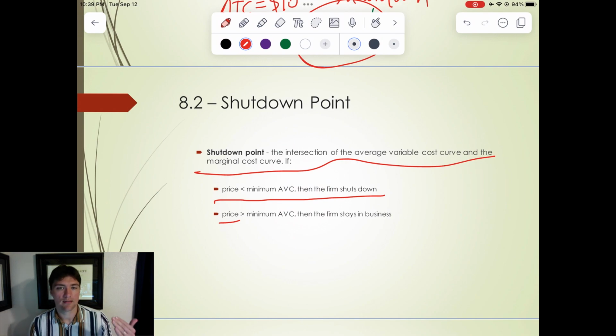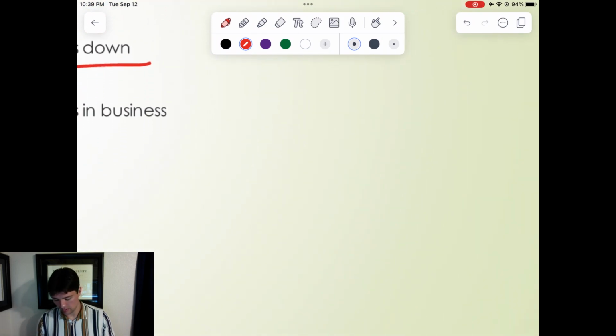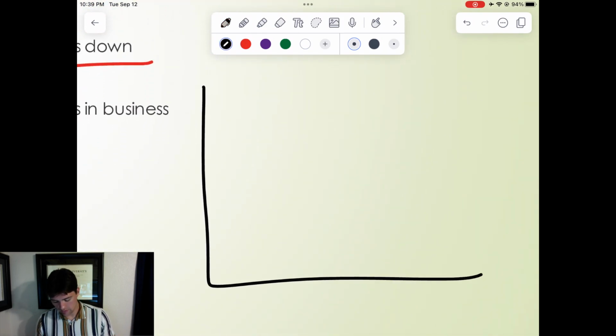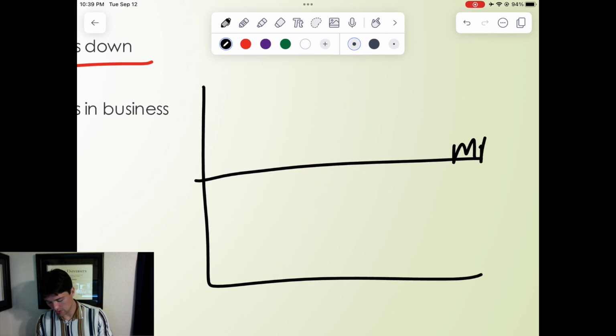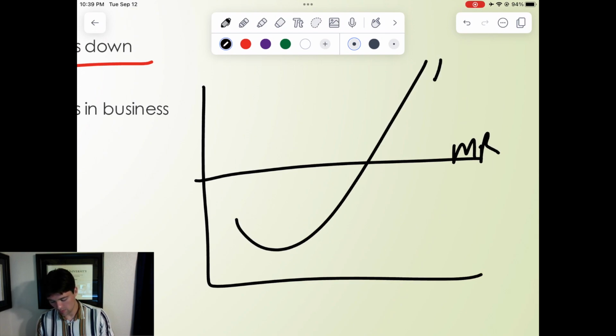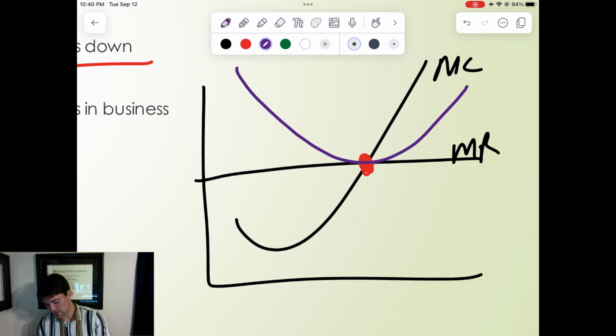The reason that this is the shutdown point is because when you're drawing your graph here and you have the marginal revenue and the marginal cost, you always operate here. Okay, and so guess what? If your variable cost is the same as your marginal cost right there, then that is showing you where your price is.